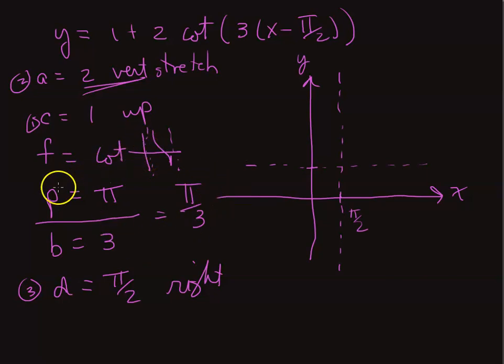And 4, you used to end pi units later after the pi over 2. Now you end pi over 3 units later. So this is pi over 2 plus pi over 3. You can add that up if you want to. But here's your center. Remember, the cotangent starts up and ends down.